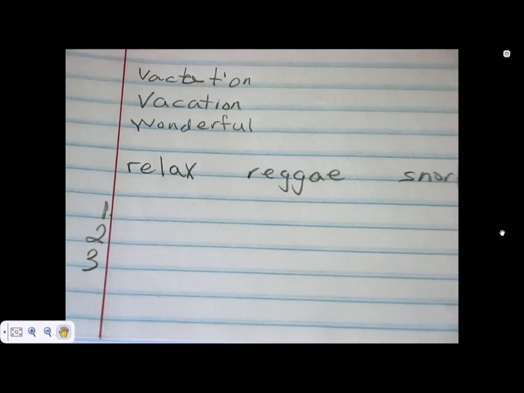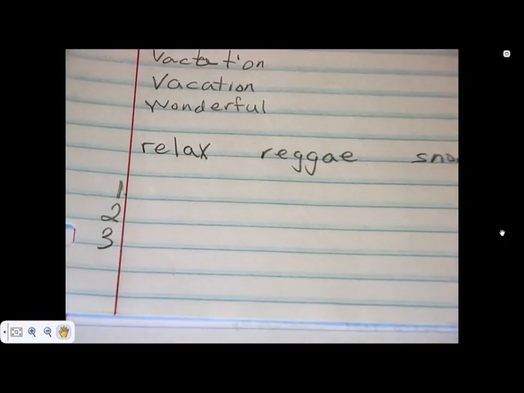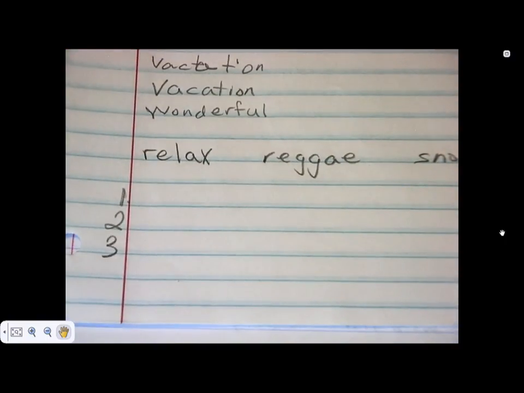The third thing that I asked you was, what is Jamaica? Inside in the passage, they tell you Jamaica is. So, what is Jamaica? You've got 1 minute to find that.